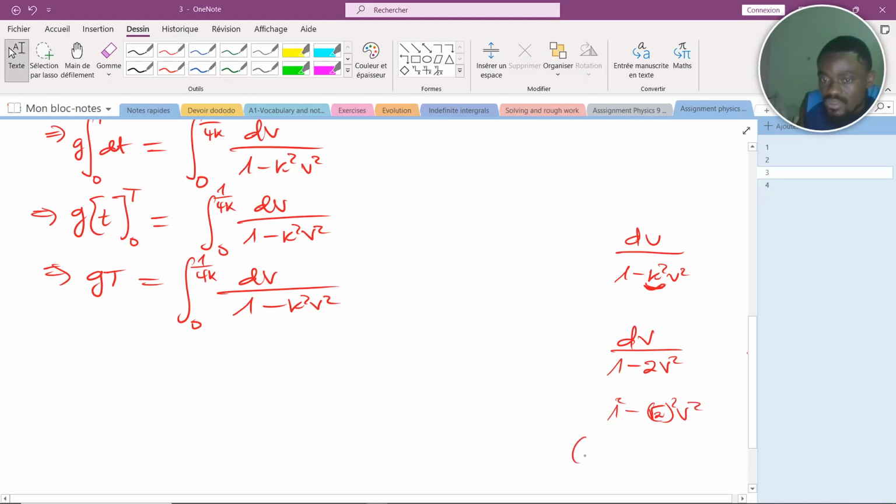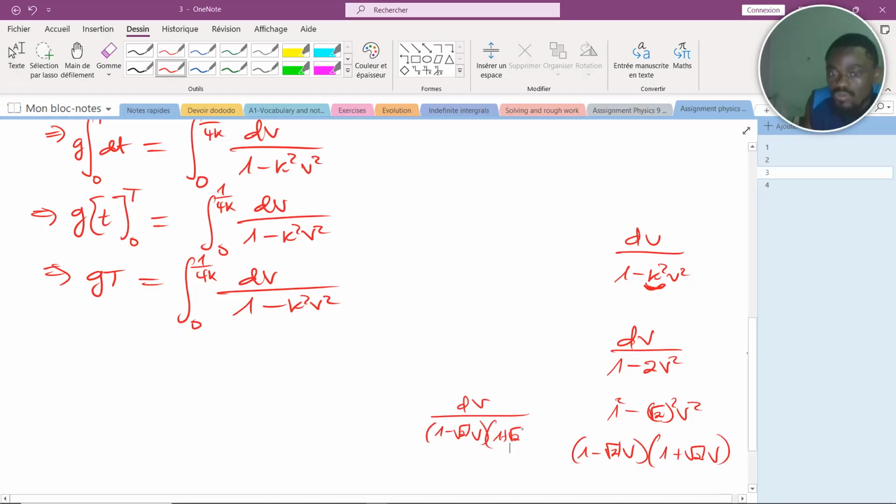If I write it as a difference of two squares, I'll have 1 minus the square root of 2 v, into 1 plus the square root of 2 v. So you have dv over 1 minus root 2 v into 1 plus root 2 v. How do you integrate this? We have already seen how to integrate such things.